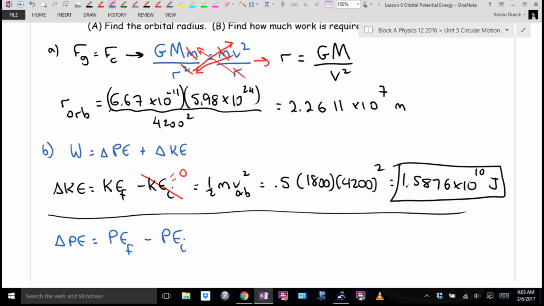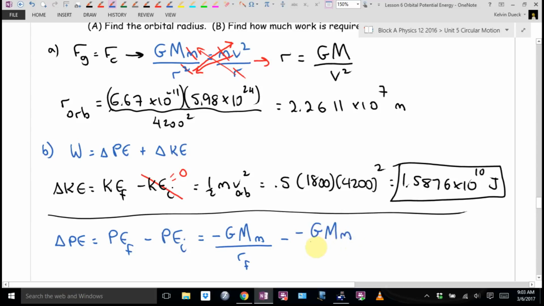I think in the big review, there's a question where you start at the edge of the universe a long distance away, and so your initial potential energy would be zero. Yay! And there's another question where you end up at the edge of the universe or a long distance away, and your final potential energy is zero. We're not doing that. We're going into orbit. So it's going to be negative big G, big M, little m, over our final, minus negative big G, big M, little m, over our initial.